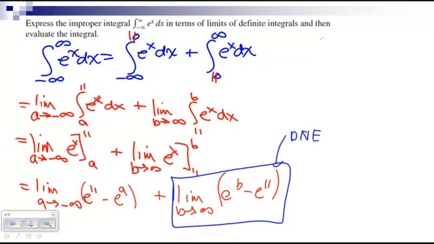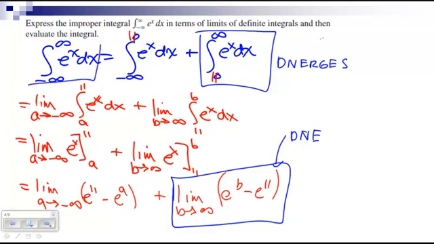If this limit does not exist, that means that this integral diverges. And if this integral diverges, the integral from which it came also diverges.